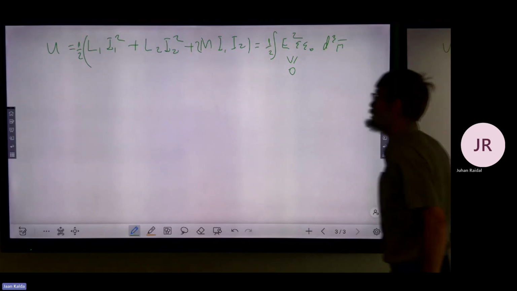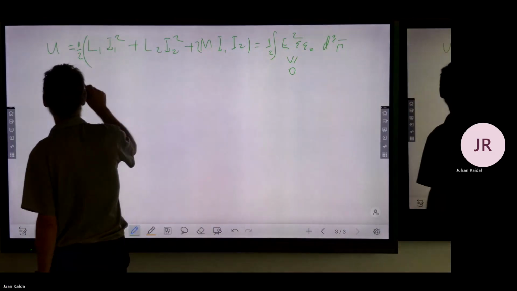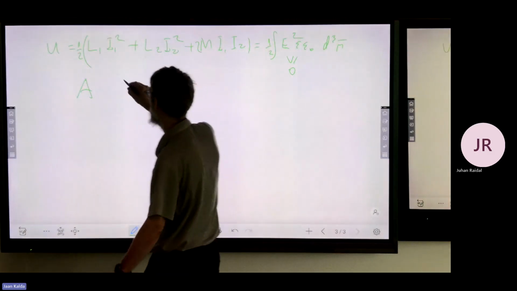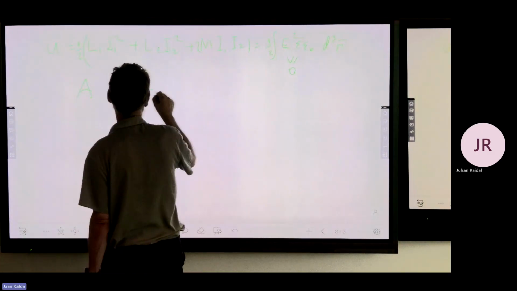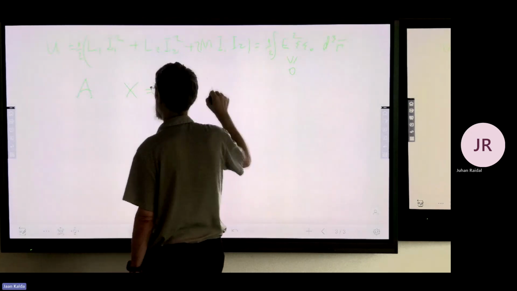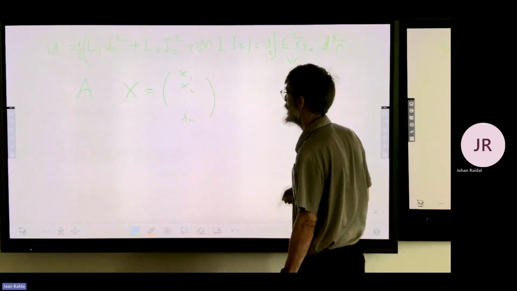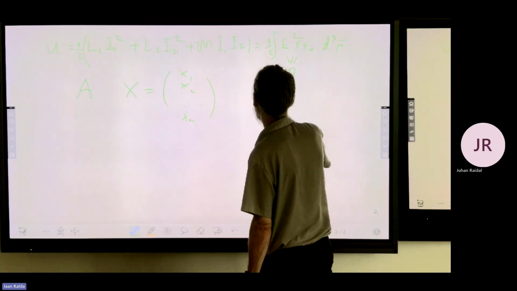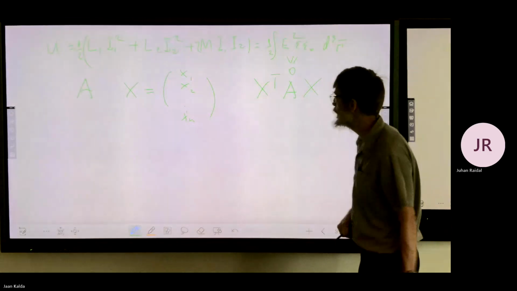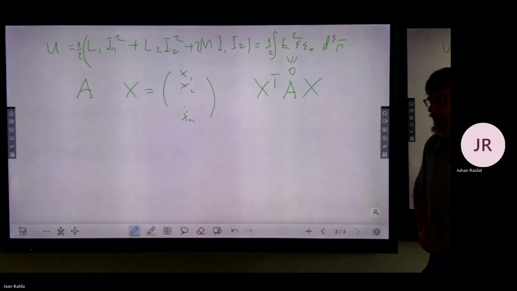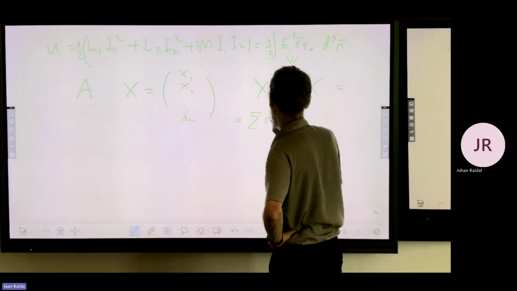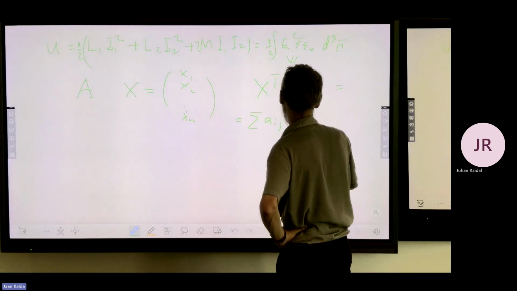Okay, quadratic form. What is a quadratic form? So you have a matrix A, and then you have a vector x, something like x1, x2, x3, all right? And then you take the product, x transpose A x, a matrix product. This is called a quadratic form because this is the sum of Aij xi xj.